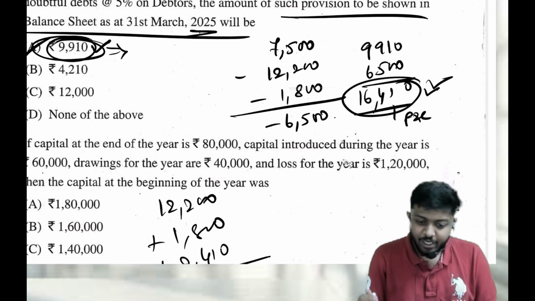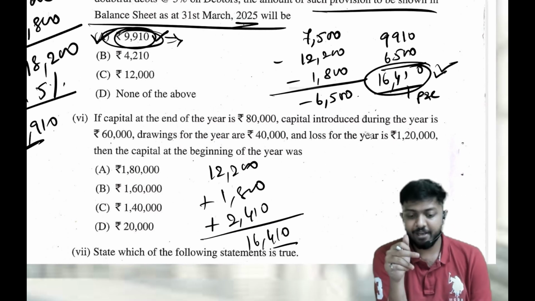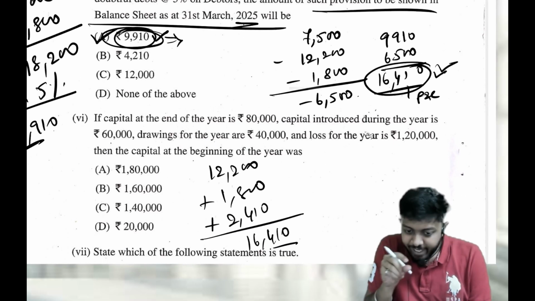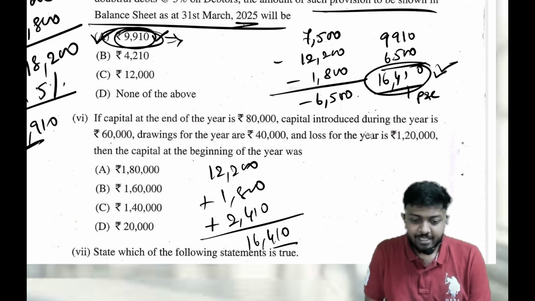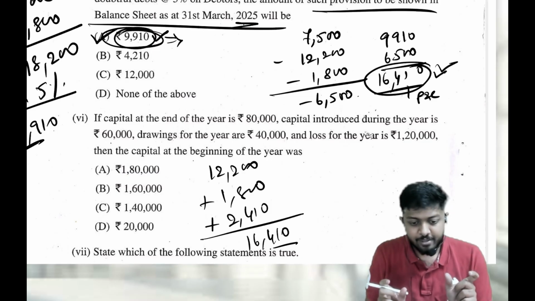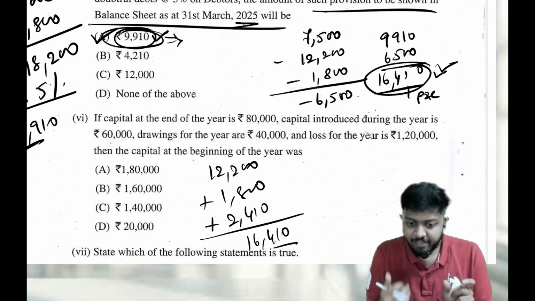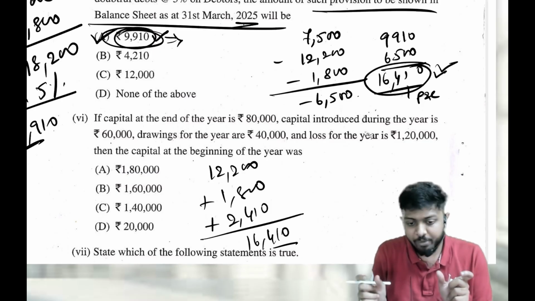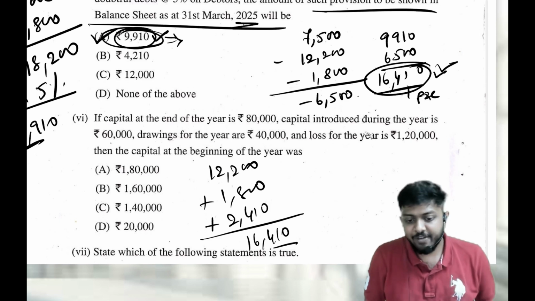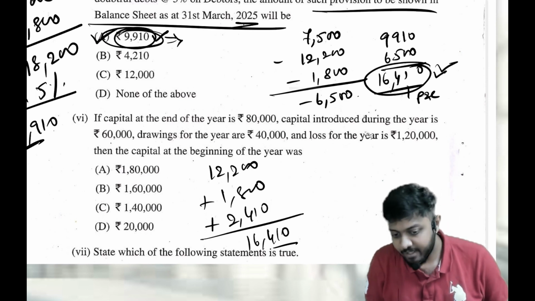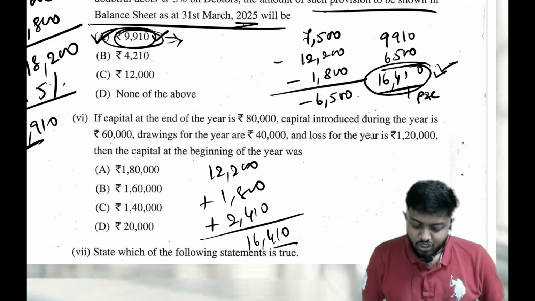Did you understand? Two ways to find out how much goes to P&L: bad debts plus movement in provision account. Opening minus closing provision you do. If opening minus closing is negative, do closing minus opening provision. If it's positive, add. If it's negative, subtract. Simple.